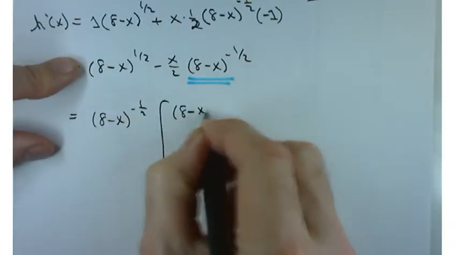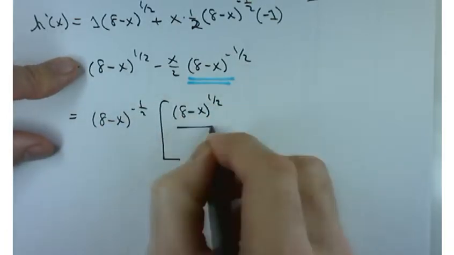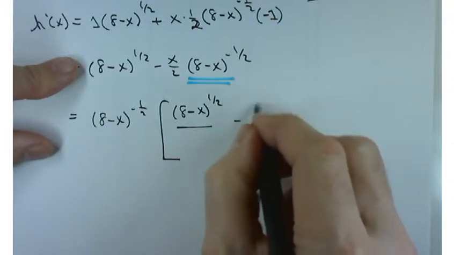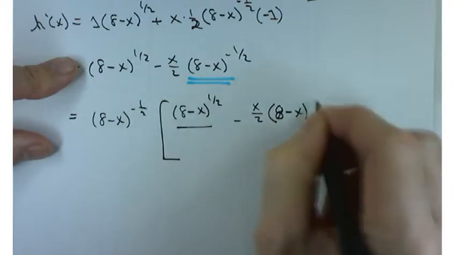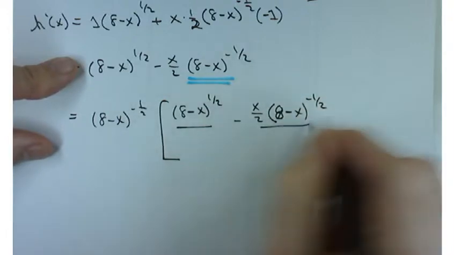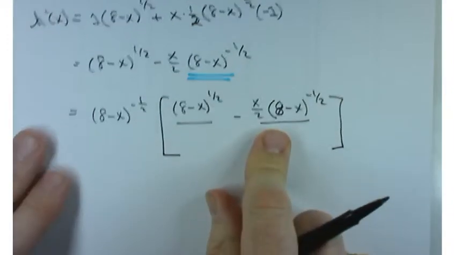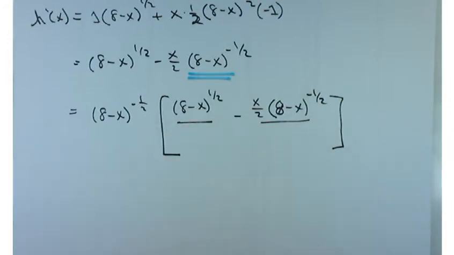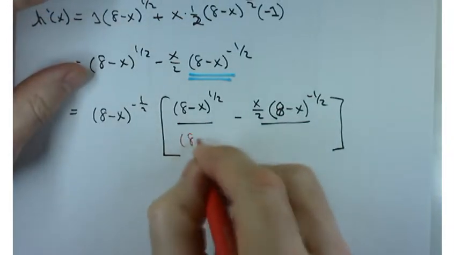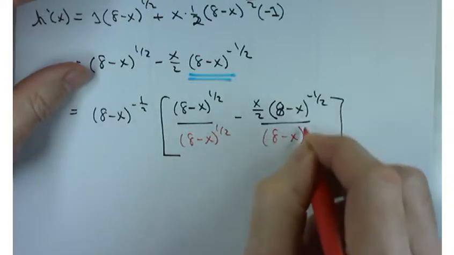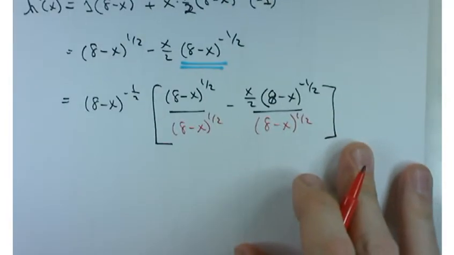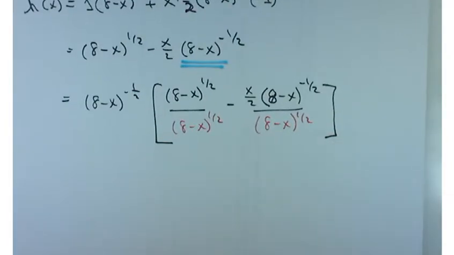So 8 minus x to the 1/2, minus x over 2 times 8 minus x to the negative 1/2, and both of these terms get divided by that term I'm factoring out. So that is divided by 8 minus x to the negative 1/2, thank you.